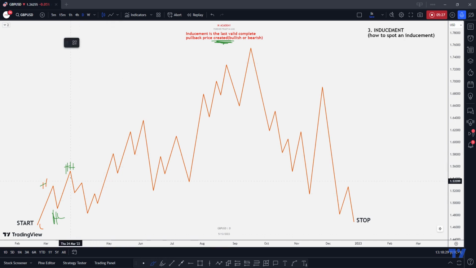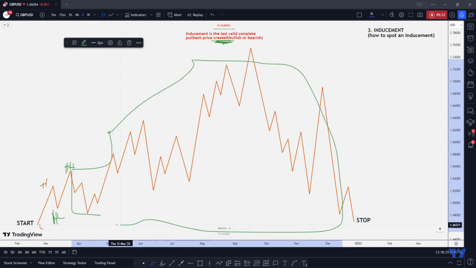So let's say for instance this part hasn't formed, or this new part has not formed. It basically means that this was the pullback we're looking at, this low here, this higher low here. That swing point is what we're looking at to be our inducement. And we look at this, price took it out. So that's cool. Let's continue.